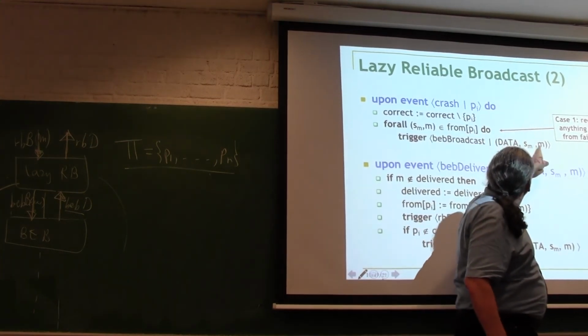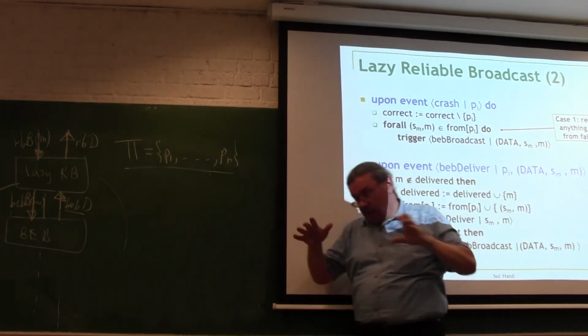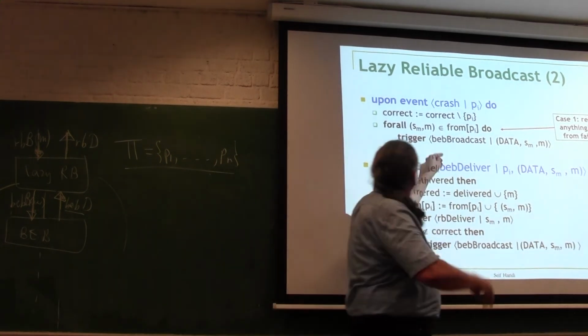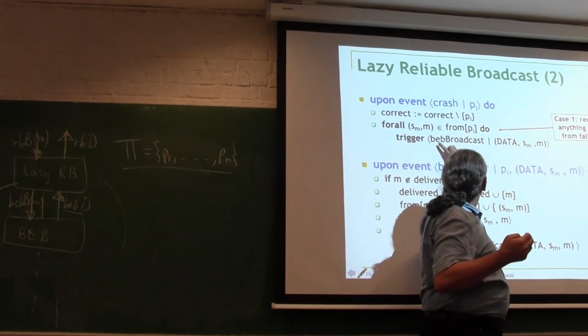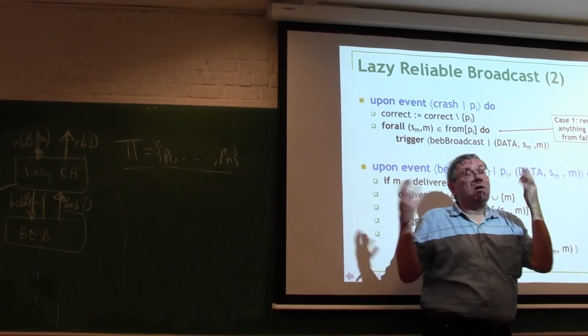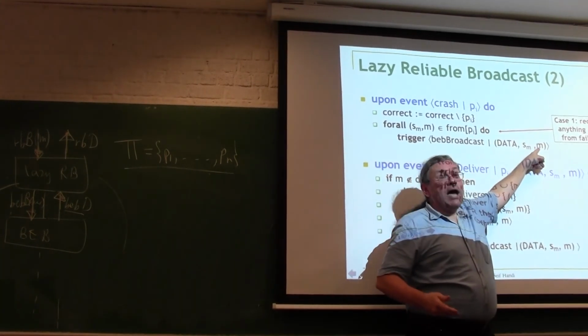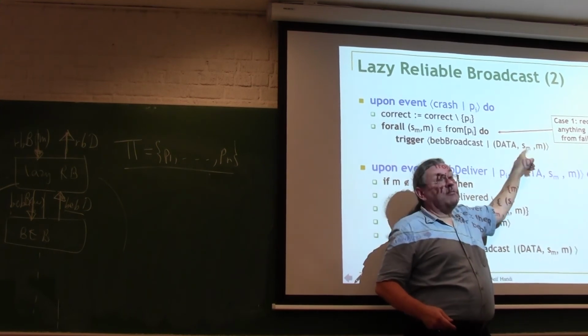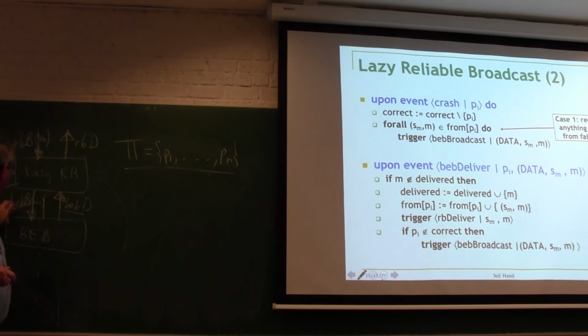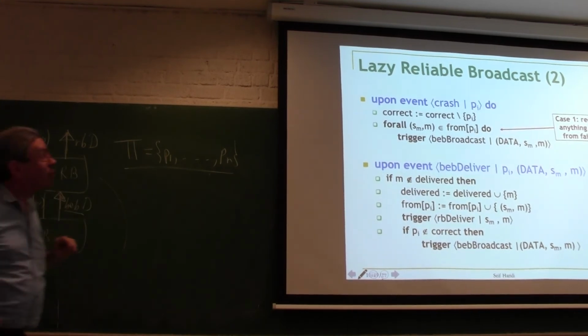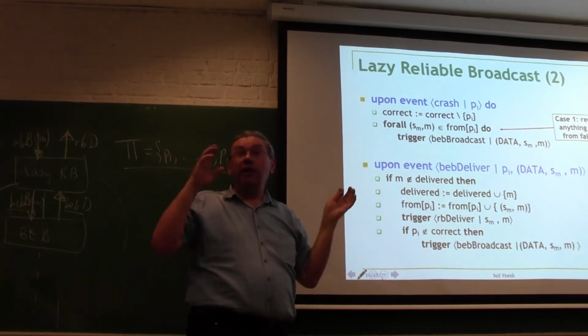The data consists of SM and M. The best effort broadcast algorithm doesn't care. For this algorithm, this is just like a message, but the real message is inside there, with more information. So we're using this best effort broadcast generically. We're allowed to do that.